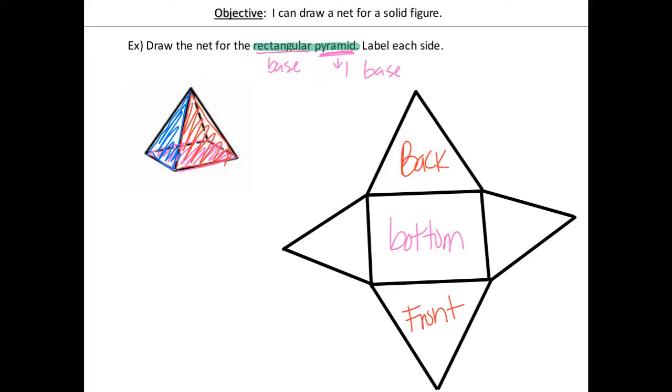And those two are going to be the left and the right sides. Okay, and then don't forget to label all the sides, the front, the back, the bottom, the left, and the right. And notice I don't have a top side this time because I only have one base.